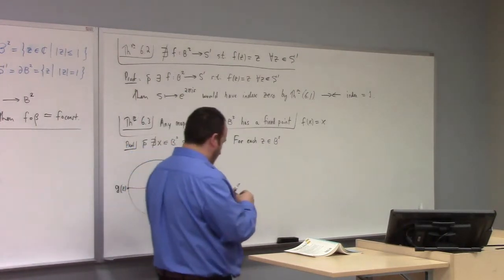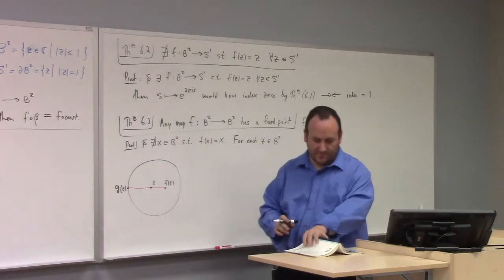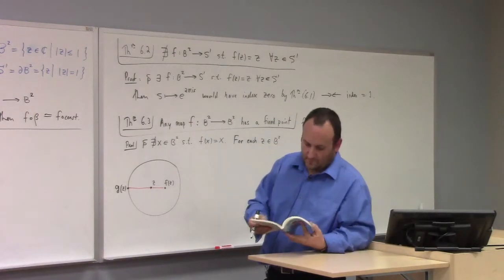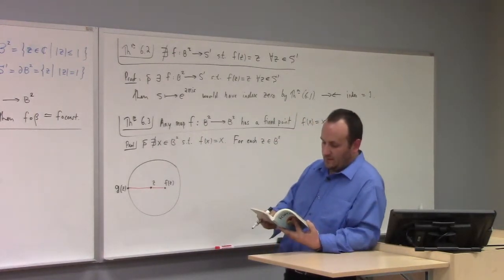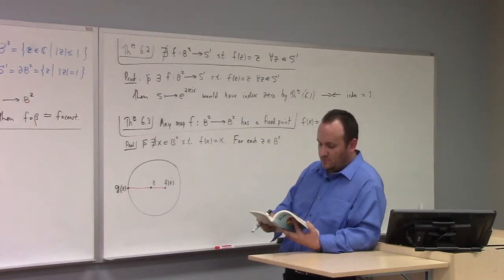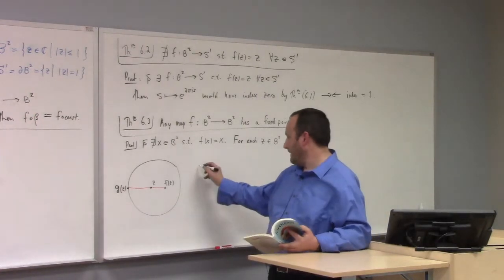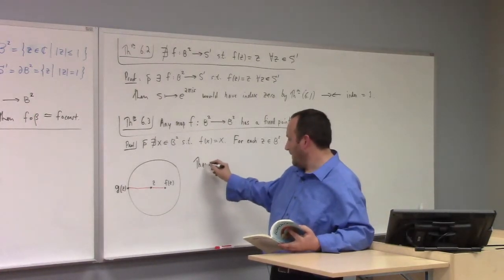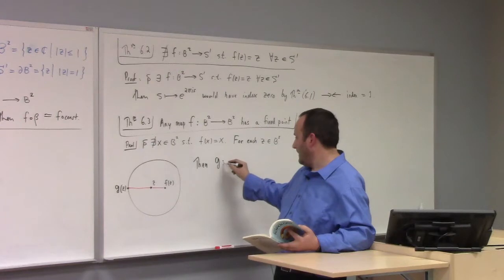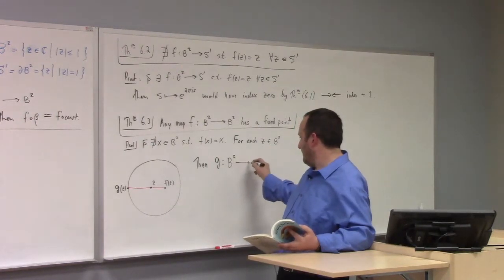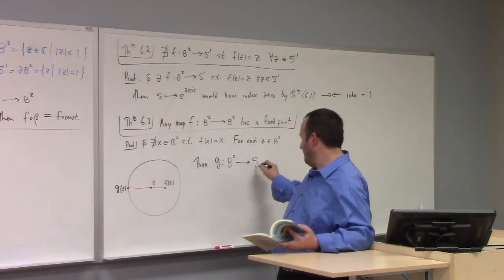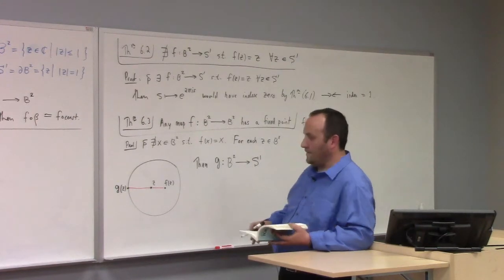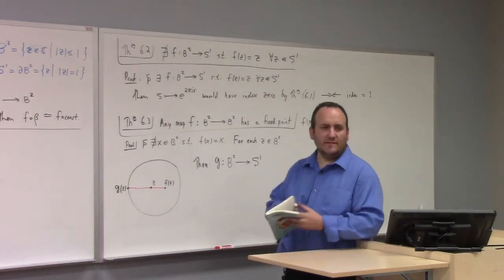All right. Then what? He says then G is a continuous map from B2 to S1. Let's see, is that continuous?